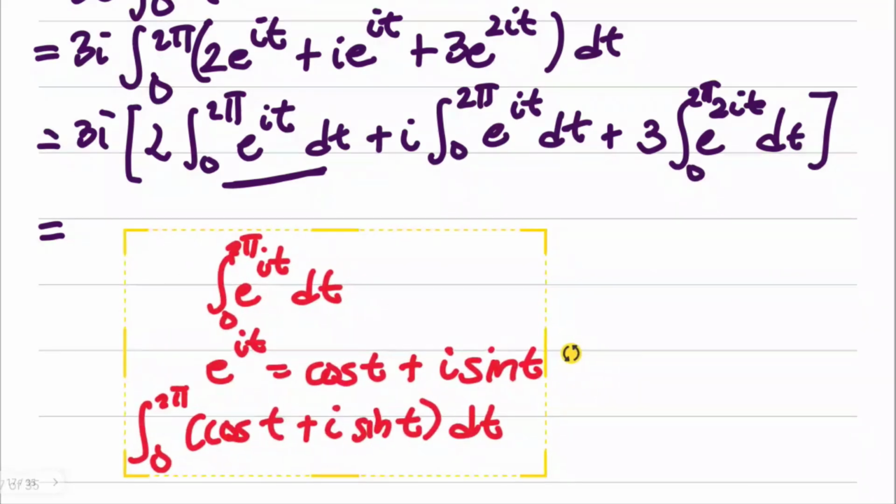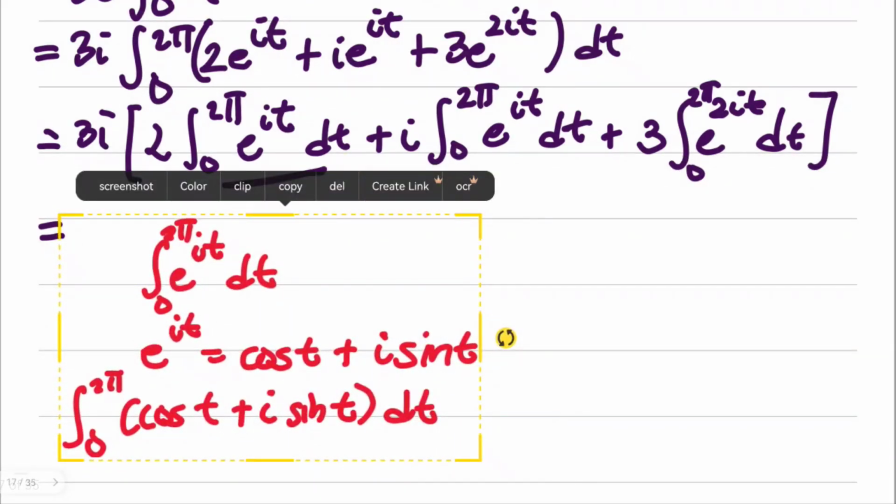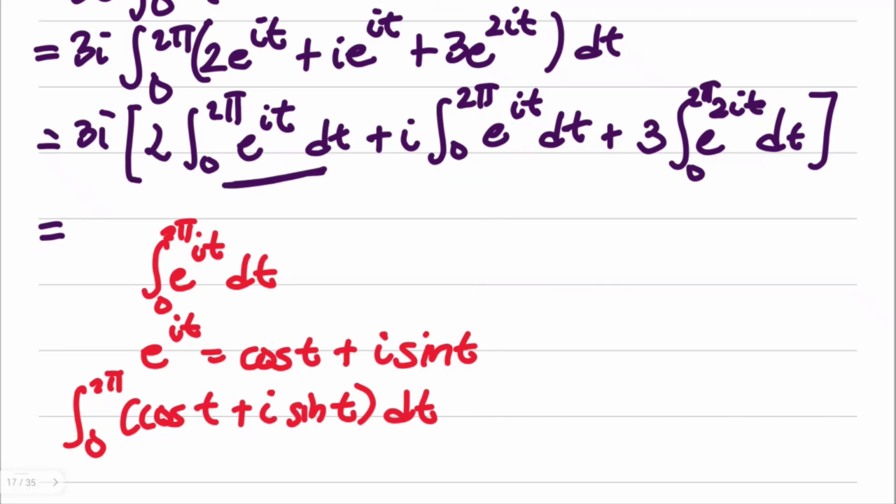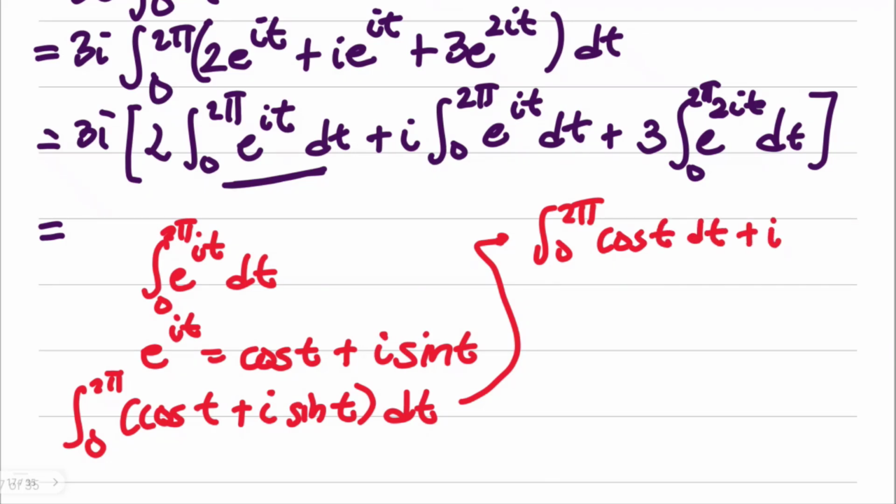I'm going to use that because there are a lot of implications when we use the trigonometric functions for our range from 0 to 2 pi. This will be equivalent to the integral 0 to 2 pi of cosine t dt plus i. You can factor that. You have here sine t dt from 0 to 2 pi.